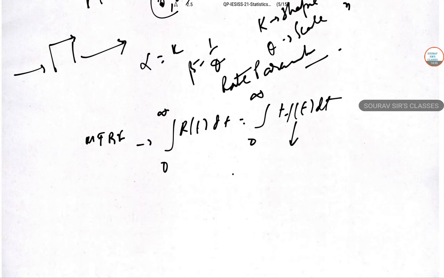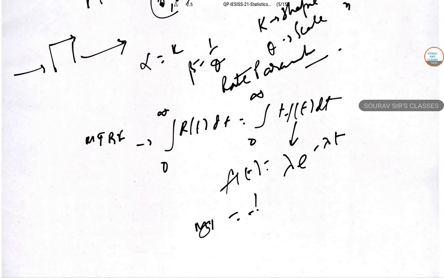So f(t) equals lambda e to the power minus lambda t. So this is the functional structure it follows, and the MTBF is 1 by lambda. Okay, so this is the adaptation of the structure which we can apply here.